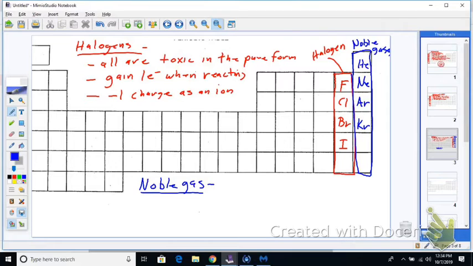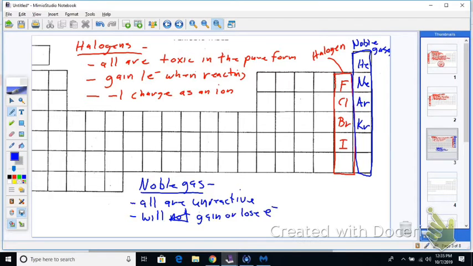So we can say all are unreactive. They will not gain or lose electrons. And so when you look at your chart, they're going to be the ones that are 0 charge.